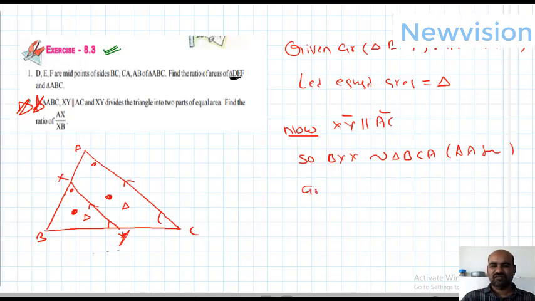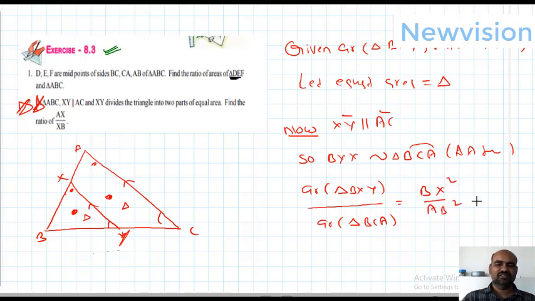So area of triangle BXY by area of triangle BCA equals, which sides do you want? AB side I want. BX by AB squares. So this is delta, total 2 delta, that is BX square by AB square.